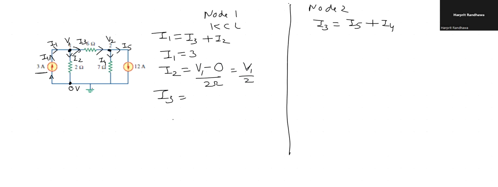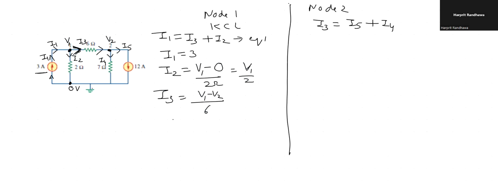Current flows from higher voltage to lower voltage. So going in the direction of current, we will see V1 minus V2 divided by the resistance, that is 6 ohm. That gives you I3.